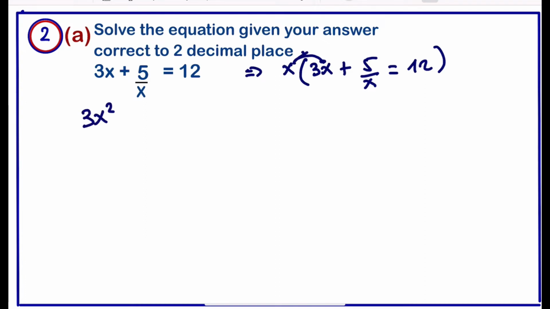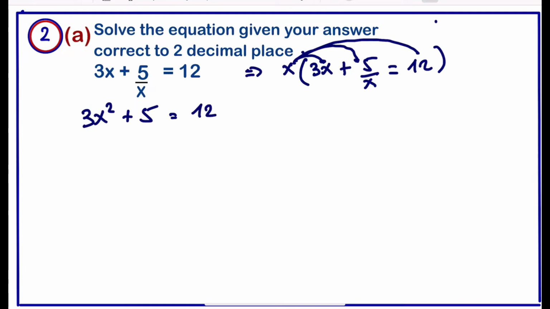If we bring this x here, you can see that this x will come here and cancel with this x. So we'll be left with only plus 5. So next, if we multiply these, we are going to have should be equals to 12.